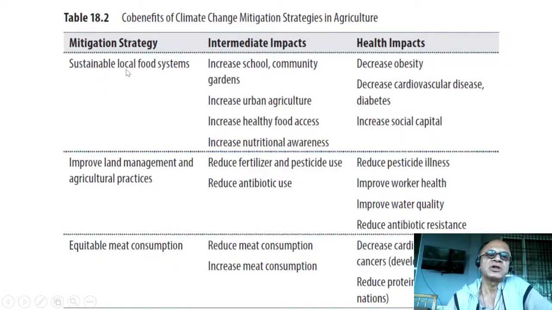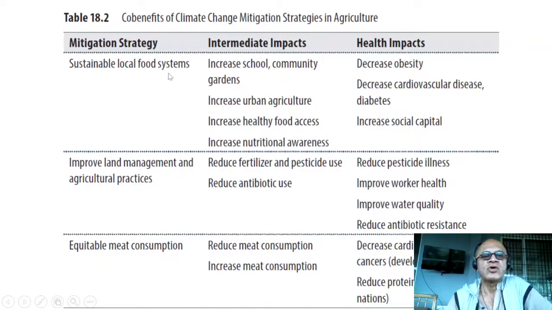Mitigation strategies including sustainable local food systems, reducing food miles, improved land management and agricultural practices. So this also reduces virtual water transport in terms of grains, fruits, vegetables.